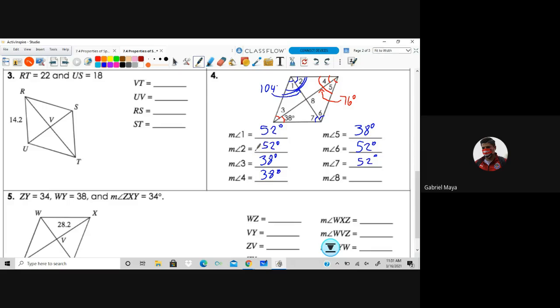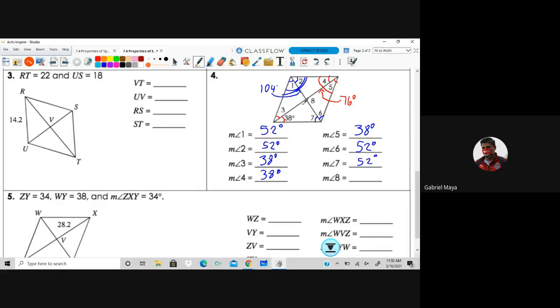Well, some of you guys might do the math: 180 minus the sum of 52 and 32. No, excuse me. This one right here, angle 5, is 38. So the sum of 38 and 52 gives you 90, and 180 minus 90 equals 90.